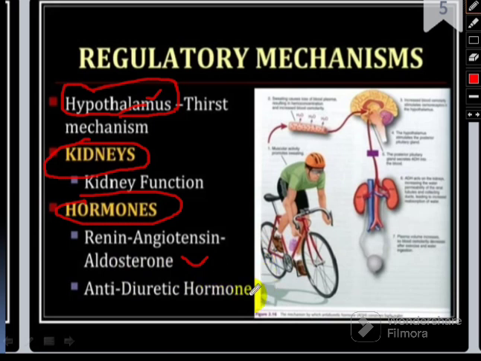And then there's another hormone that plays a significant role in the regulatory mechanism of body fluid, and that is the antidiuretic hormone, also known as vasopressin. This hormone is secreted by the posterior pituitary gland. You are going to do all of that under endocrinology.